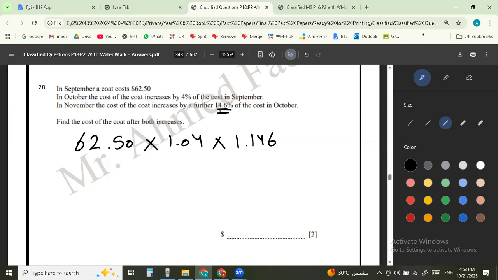We remember that we add to 100. So adding it to 100 becomes 114.6. But dividing by 100 at the end is going to give you 1.146. These are the two multipliers. Multiplied by the original cost, then it's going to give you the final. So 62.50, let's do it.